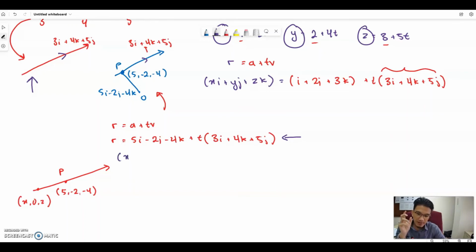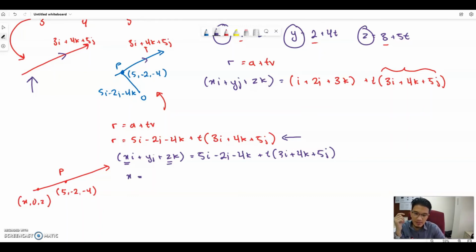We have xi plus yj plus zk. This is the x and this is the z that we are looking for. So we change it into parametric form first.